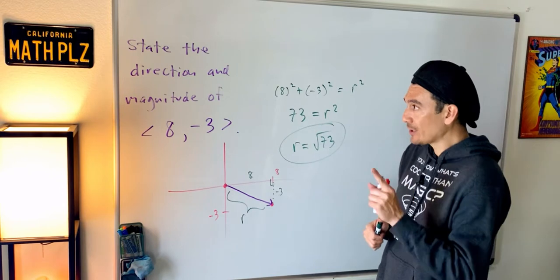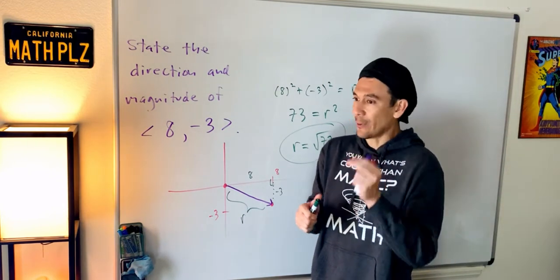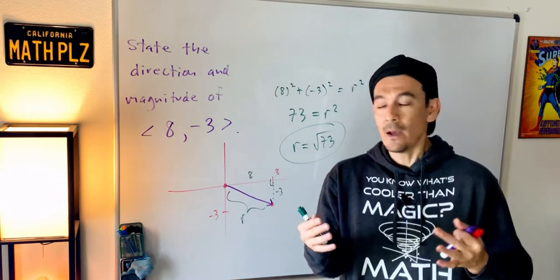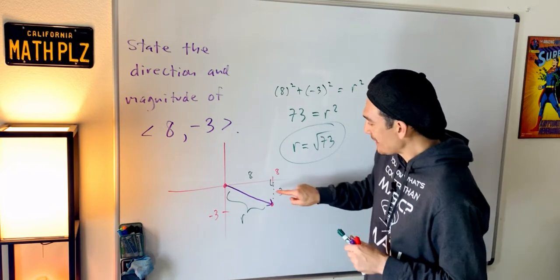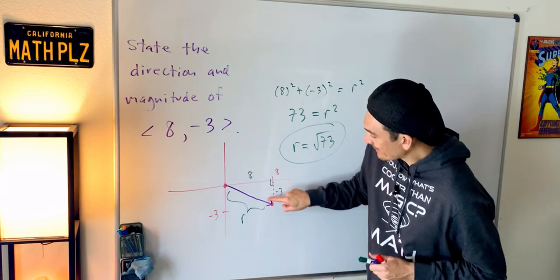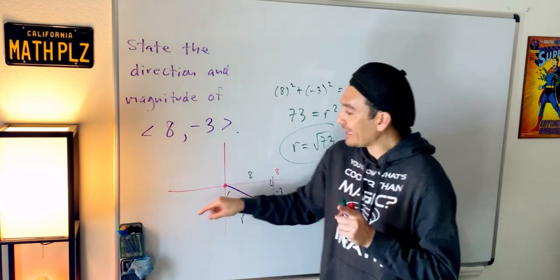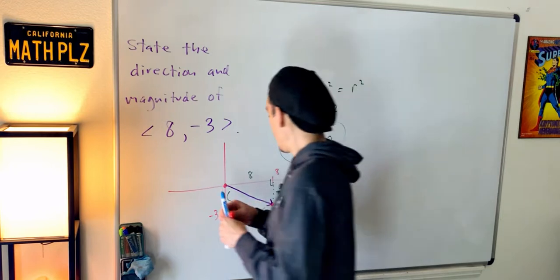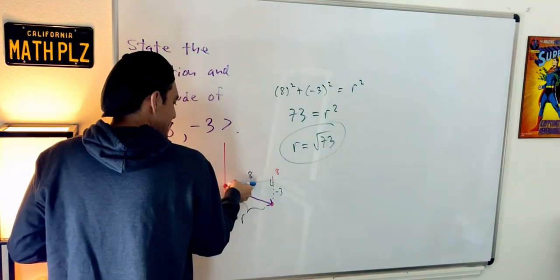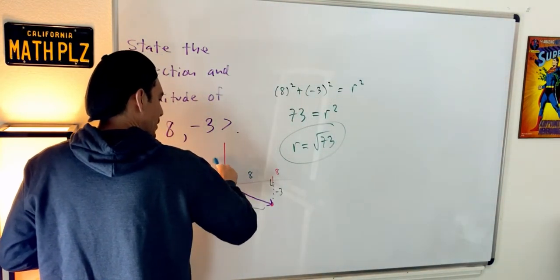Now, your direction is something different. Your direction is like an angle, right? But it's not this angle. No. It's not this angle. No. Nor is it this angle here. Rather, your angles are always measured from due east, moving in a counterclockwise direction.